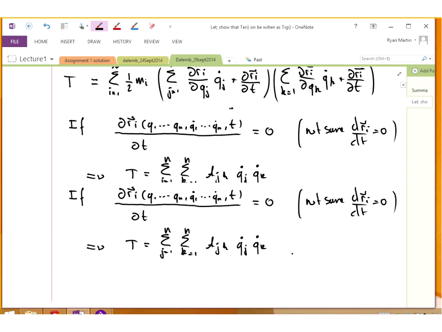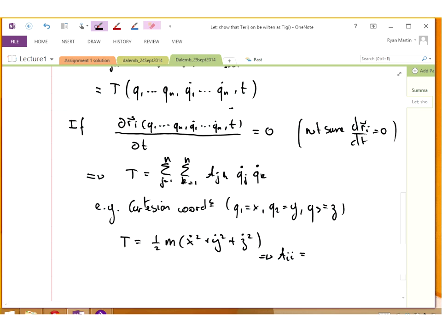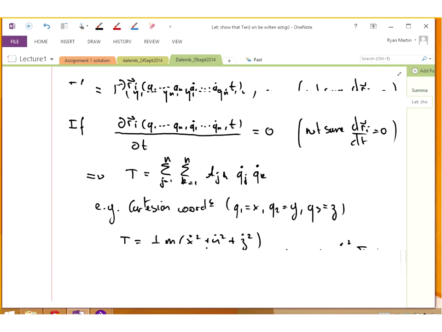And so what we find is that, let's write it with the same indices, the ajk is equal to a half m times delta jk, where delta jk is what we call the Kronecker delta.